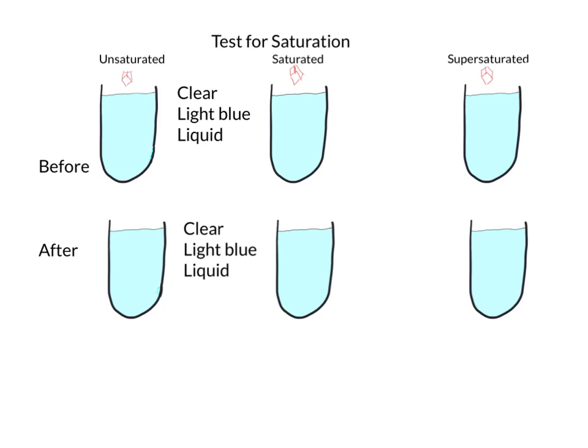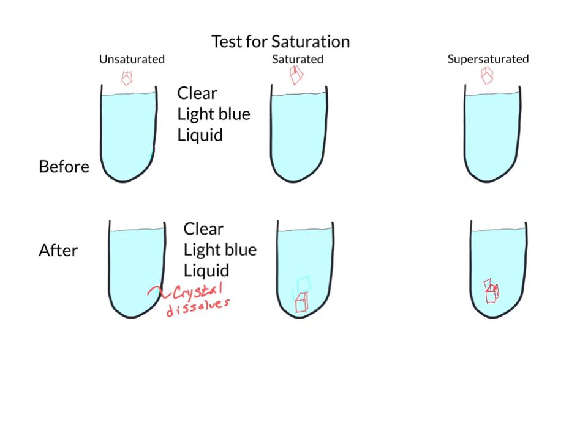But what happens to the crystal? The unsaturated solution is still able to dissolve more crystal, and so it does. And so what we see is that the crystal disappears. It actually dissolves. For the saturated solution, it is already at its maximum, so the crystal will remain. And finally, what happens to our supersaturated solution?